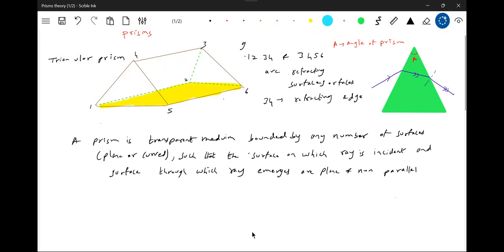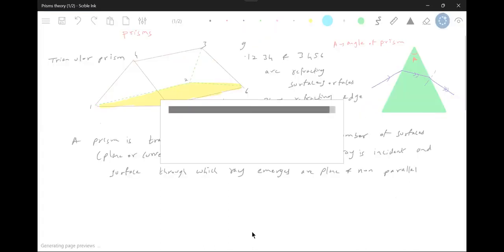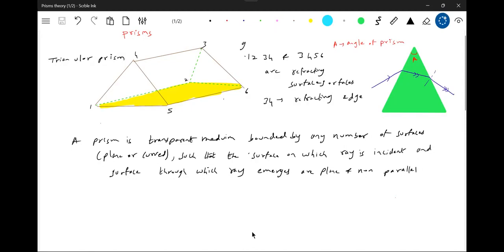Our syllabus confines itself to the triangular prism. What you are viewing is the 3D view, and this is a plane or 2D view. If you stand here and look at this, you can see only the face 1, 4, 5.